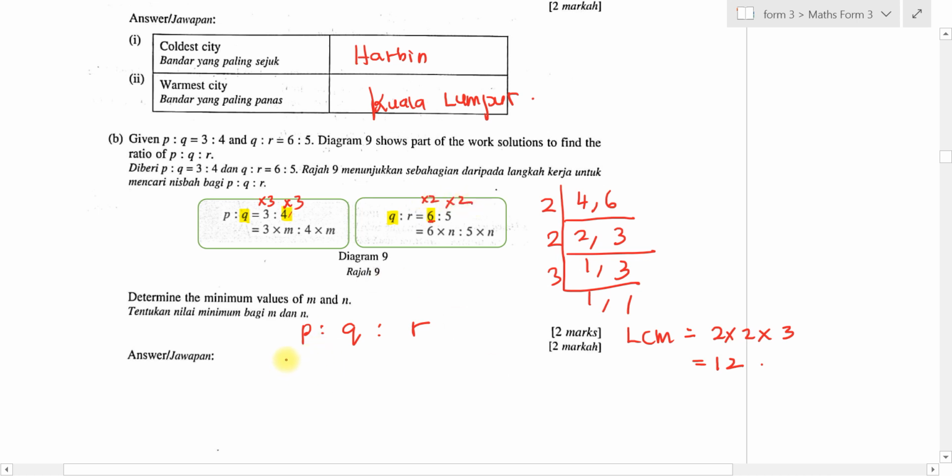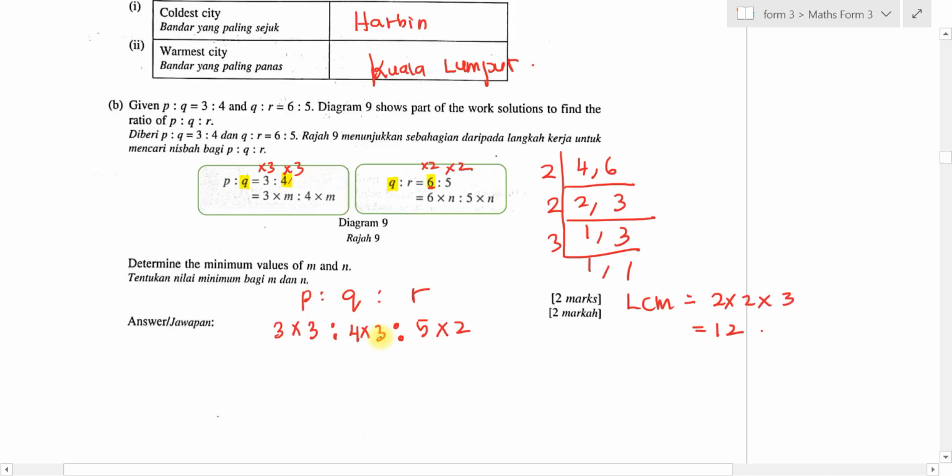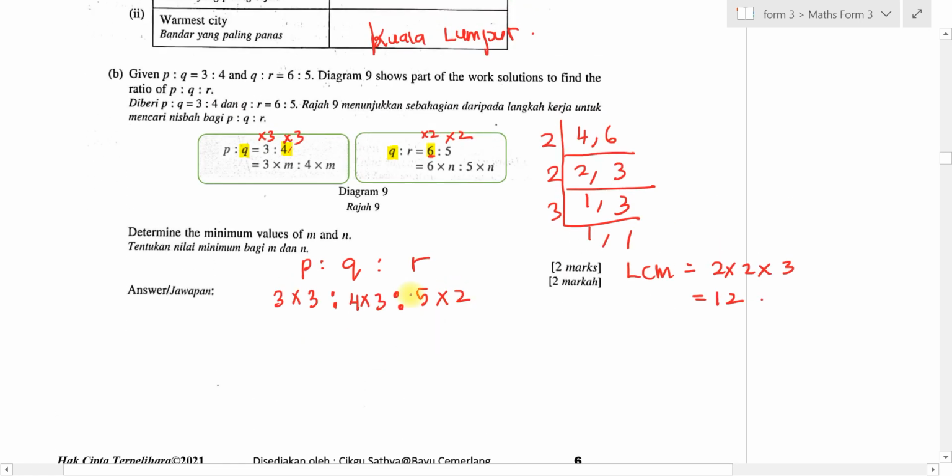Okay, remember that. So here the 3 multiply 3, 4 multiply 3, and R is 5 multiply 2. You can put 6 multiply 2 also at the Q. So the question is, they never ask what is the value, they're asking what you are multiplying with. Oh, then it should be easier.